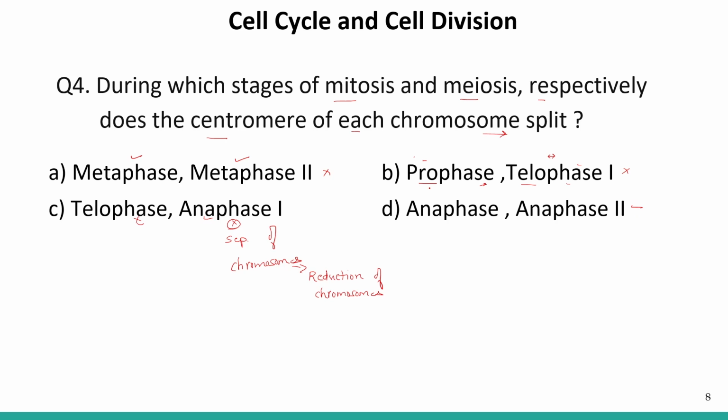We have this option left, anaphase and anaphase 2. Here they are talking about the mitotic anaphase, where there is separation of chromatids due to the splitting of the centromere. The centromere splits here.